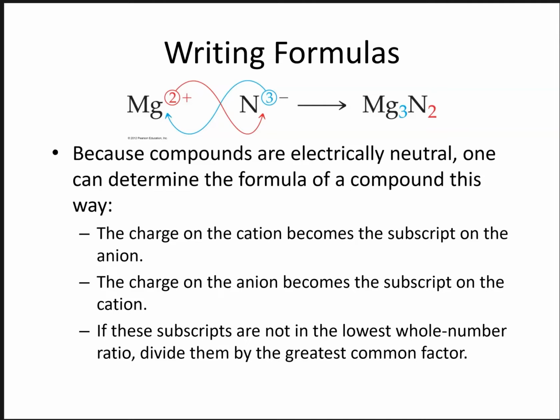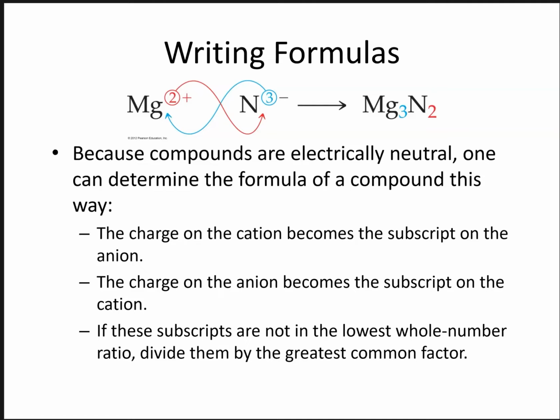And one way you can do that is simply by looking at the charge of the cation and writing it as the number of atoms of the anion needed, and the same for the anion to the cation. So we can see we need 3 magnesiums to cancel out 2 nitrogens.